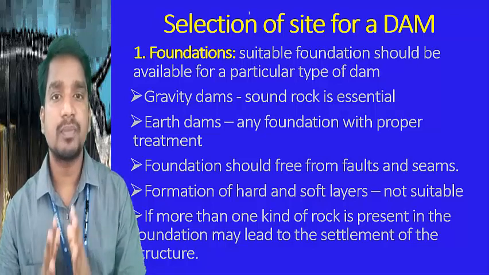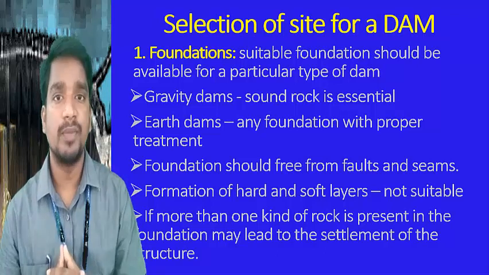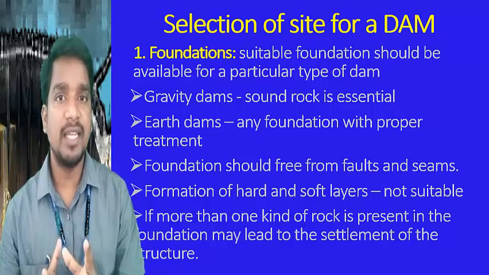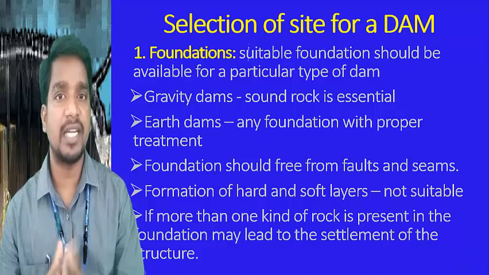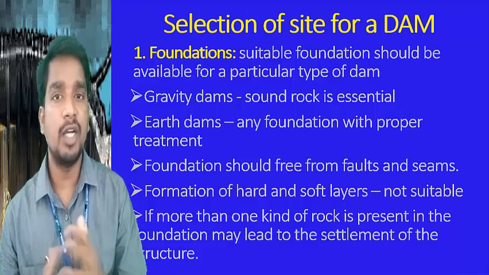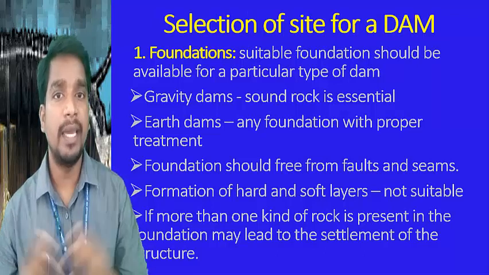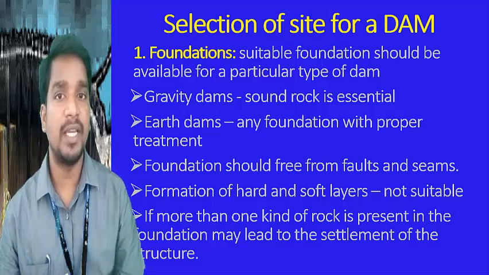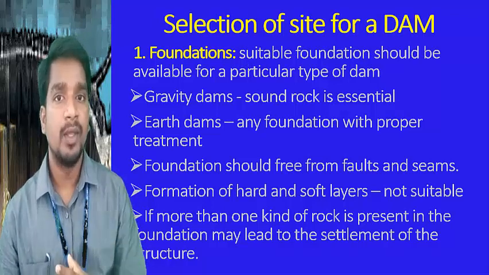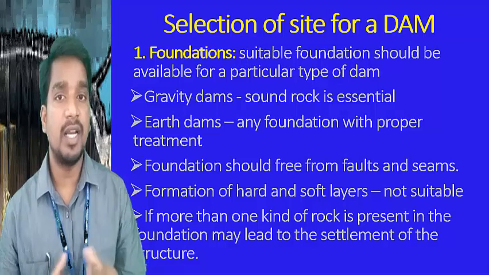If there is a single rock strata, then it is well and good, and you can construct any type of dam. If there are two different rock bases, there will be a change in the bearing capacity of those rocks, and ultimately they will exert different stresses on the dam.